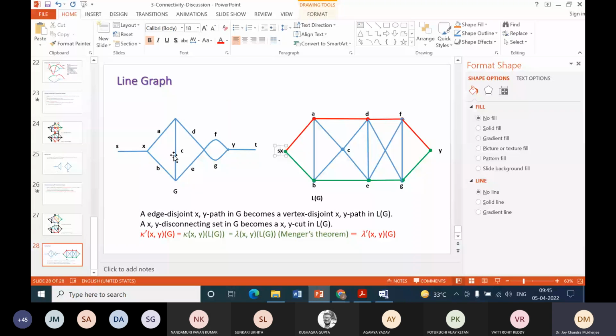S and x here are vertices. A is an edge, D is an edge, C is an edge.